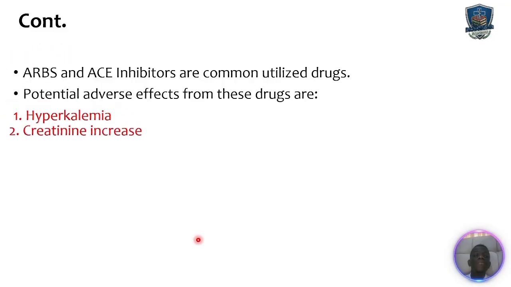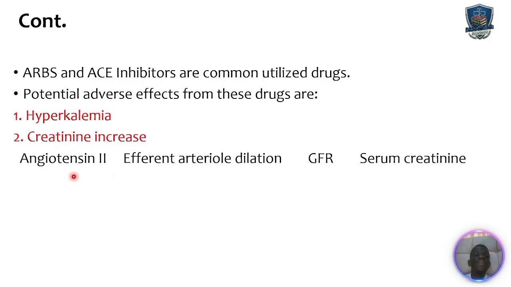You see hyperkalemia, very similar to what you saw when using ACE inhibitors. There's also a creatinine increase. Why does this happen? Remember, there's always a flow of how this occurs. If you decrease angiotensin II, it's going to lead to efferent arteriolar dilation, and the efferent arteriolar dilation is going to decrease our GFR, and a decreased GFR is going to lead to an increase in the serum creatinine.